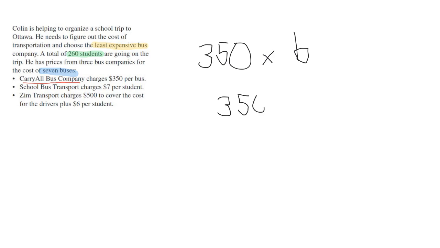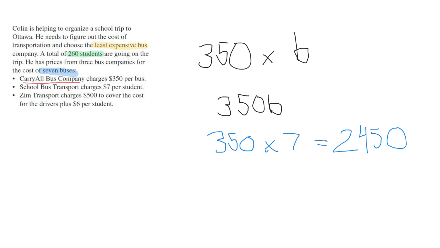Written correctly, that would be 350B. So 350B is what we need. Now we know the number of buses we need: 7 buses. So in this situation our equation is going to look like 350 multiplied by 7, and that's going to equal $2,450.